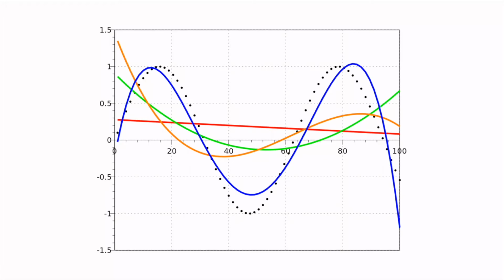The red line that you're seeing here is a straight line, and it matches a first degree polynomial. The green line, which I'm hovering above, matches a second degree polynomial. It will take 3 data points and fit them perfectly.